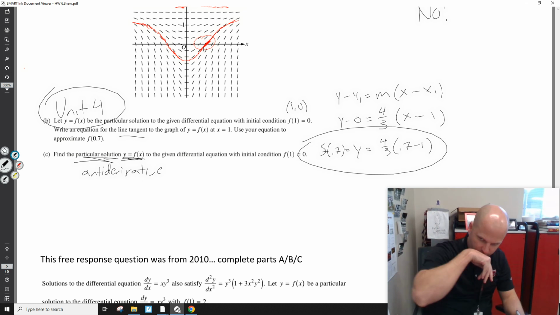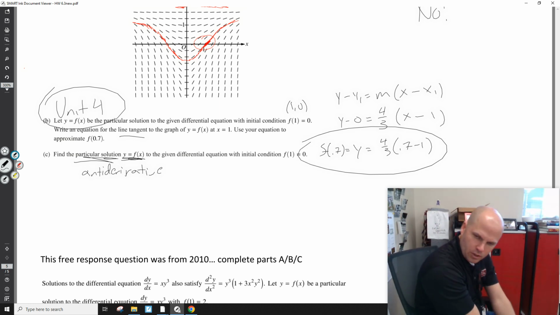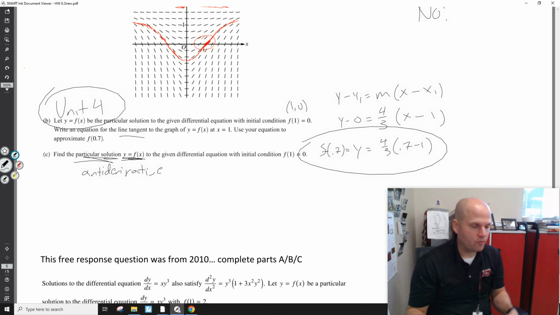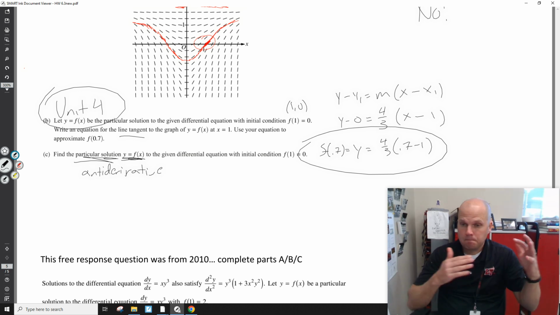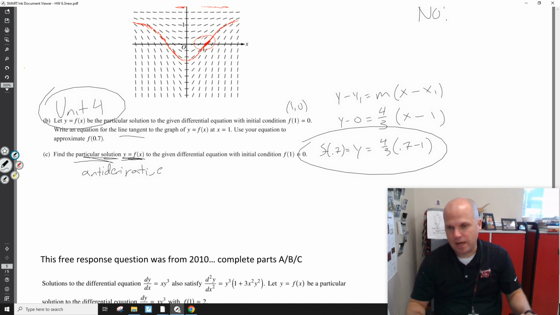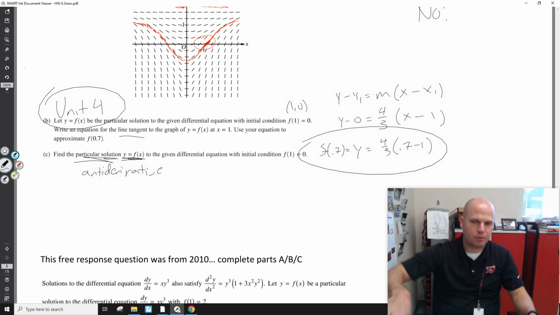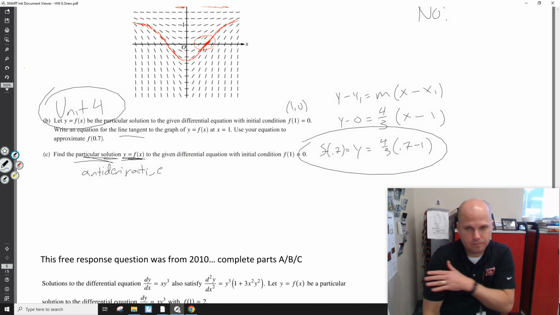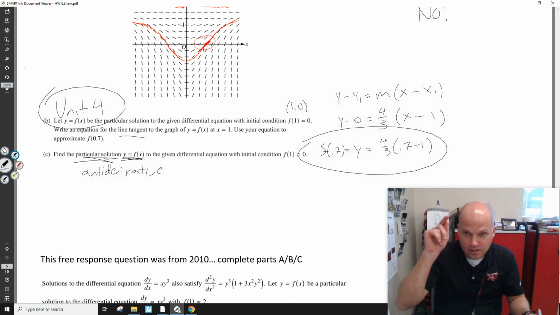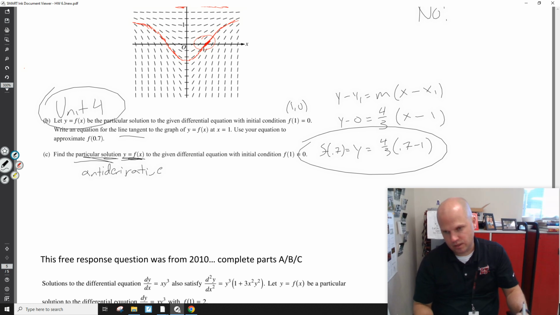This is an acceptable answer. This is what's called an unsimplified answer. That's okay on free response. Thankfully, on the AP Calculus test, they don't worry about simplifying. The pre-calculus test, they do. On the calculus test, this is sufficient.